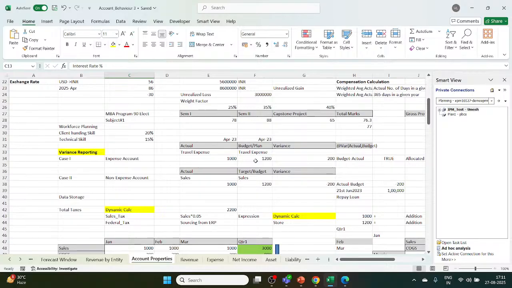We can incur our expense till 1200 rupees, but we have incurred our expense, travel expense, till 1000 rupees. So the 200 is a variance, which is from actual minus budget. So for that we can use the expense account here.